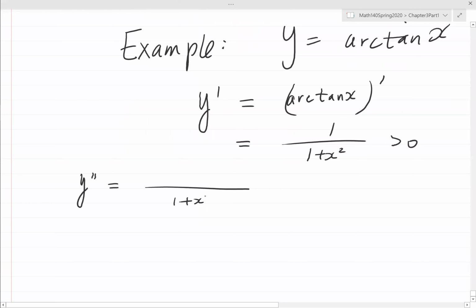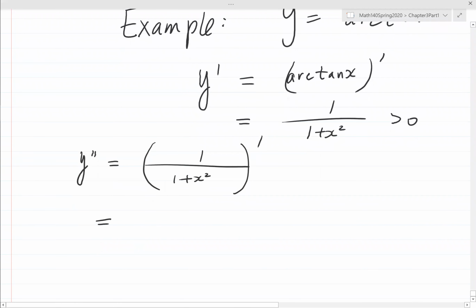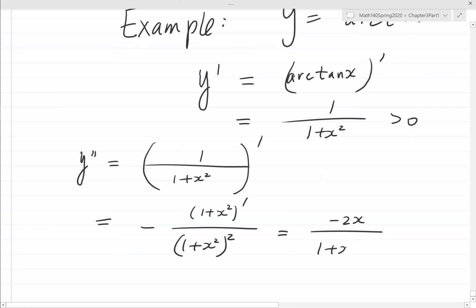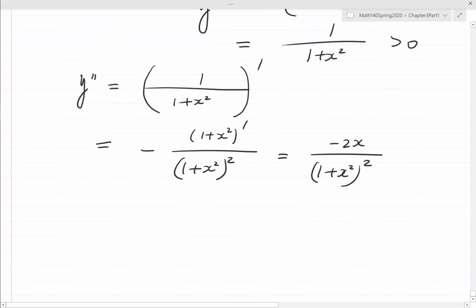So we take this derivative. Now we use the quotient rule, or you use the chain rule. So it's negative 2x over (1 plus x squared) squared. You see, it's concave up, concave down.